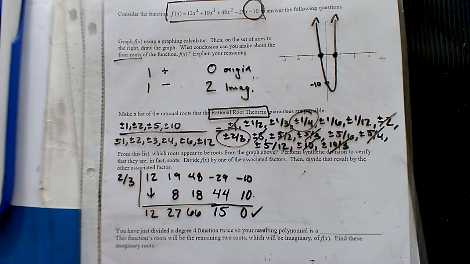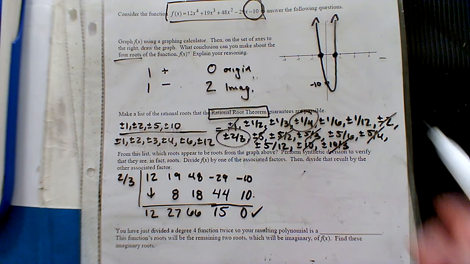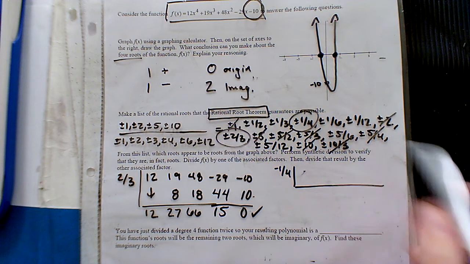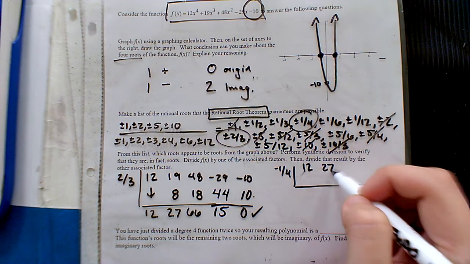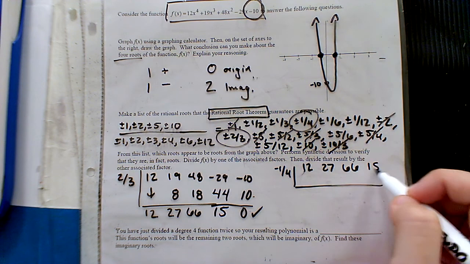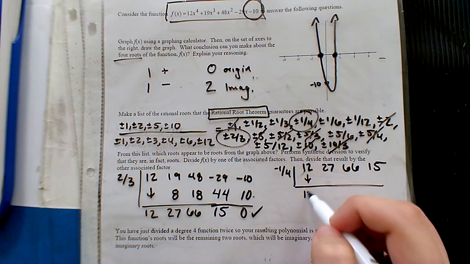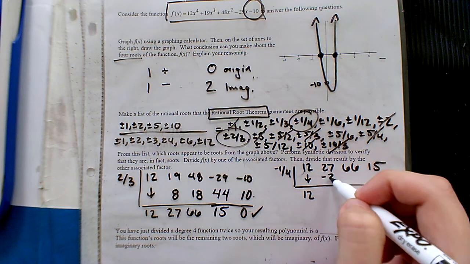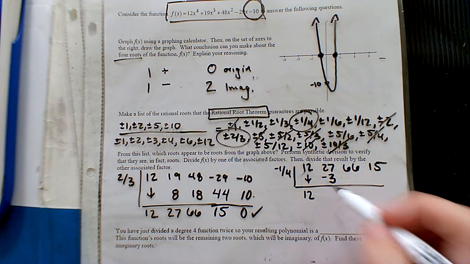Looks like that one works. All right, and the other one we want to check was -1/4. A quarter of 12, we got 3.